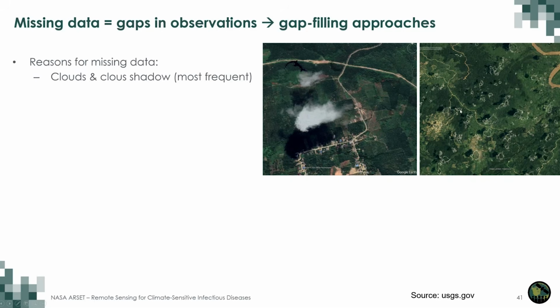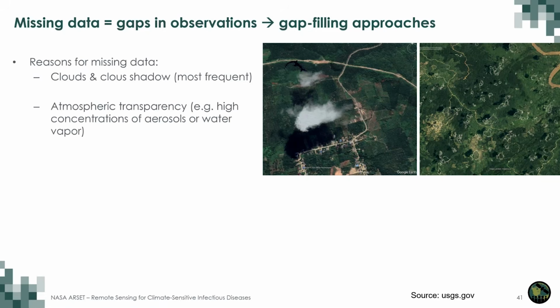These are all clouds where the center is now replaced with composited data, but the outsides are still visible in the image. So replacing cloud cover and cloud shadows is actually very difficult, and they are the primary cause of missing data.